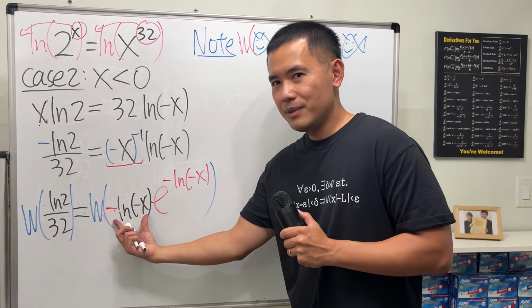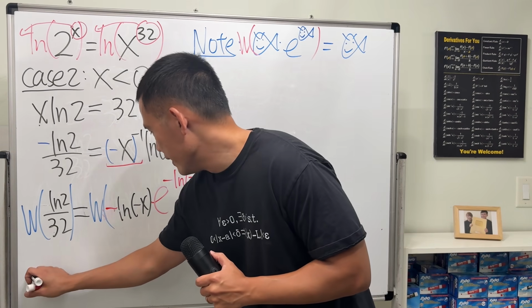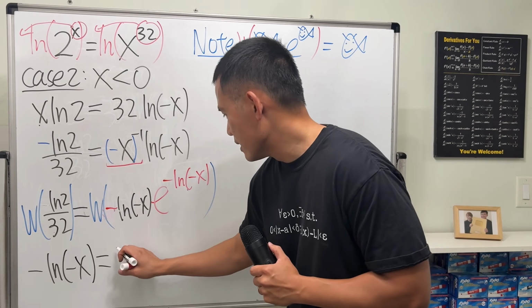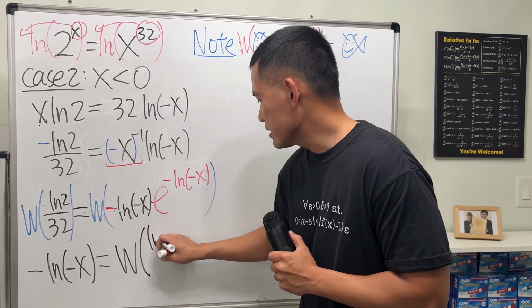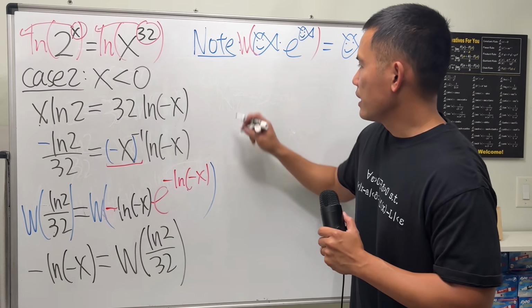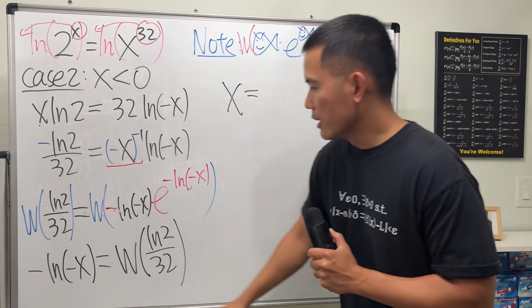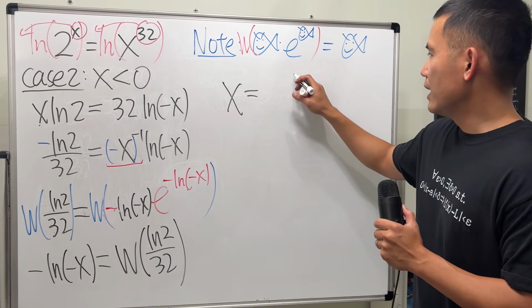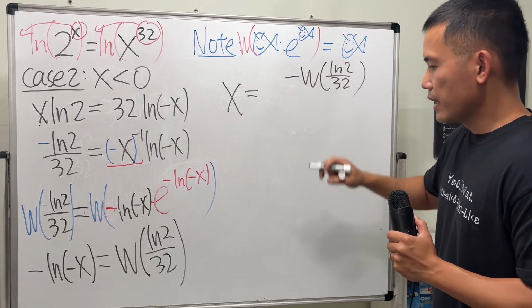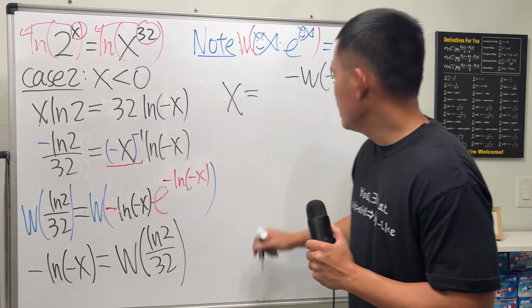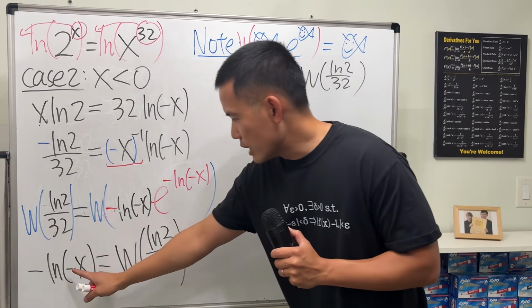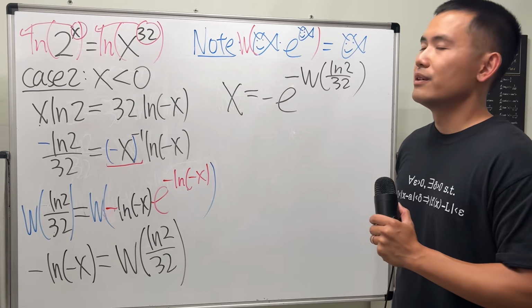We get this time negative ln of -x, and that is equal to the Lambert W function of positive ln 2 over 32. Okay, x is equal to, you first divide the negative here, so you have negative W of ln 2 over 32, and then to get rid of the ln, you have the e, lastly you get rid of this negative, you have the negative here.